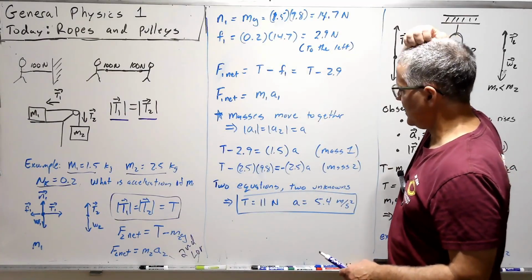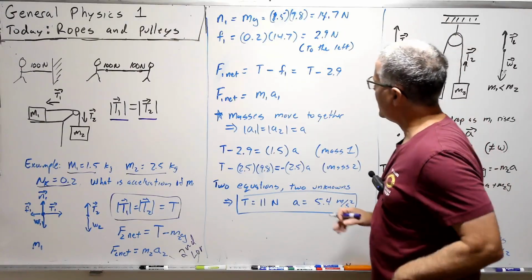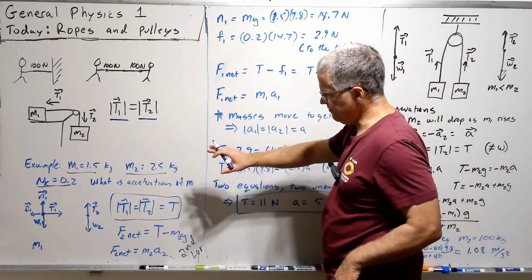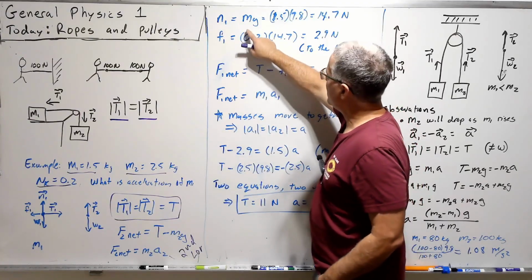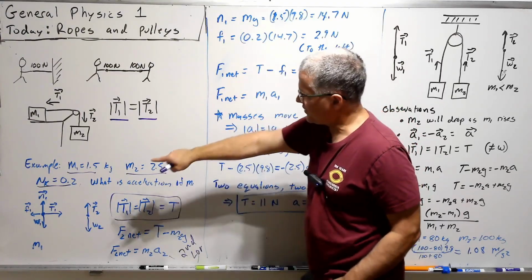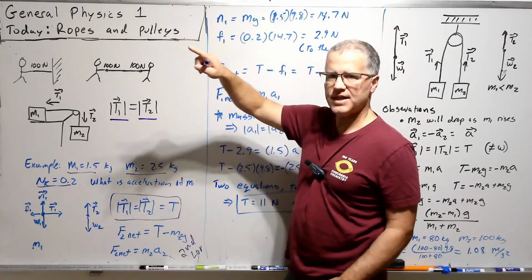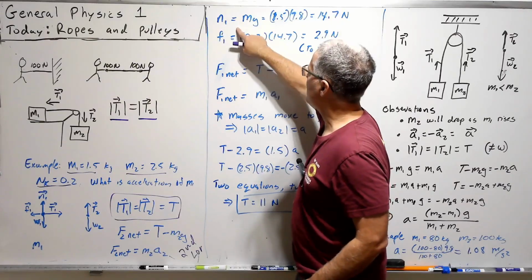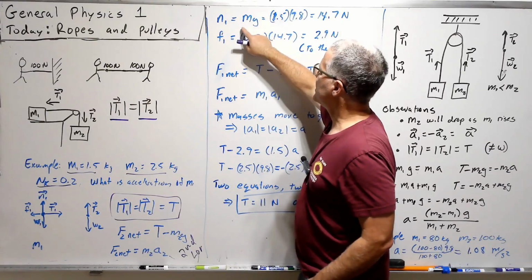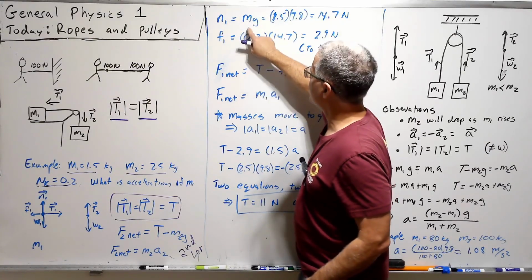Equivalently, let's now turn our attention to mass 1. In mass 1, we need to figure out this friction. We know the weight and the normal force are going to cancel each other because the normal force always just goes in the opposite direction of that weight.